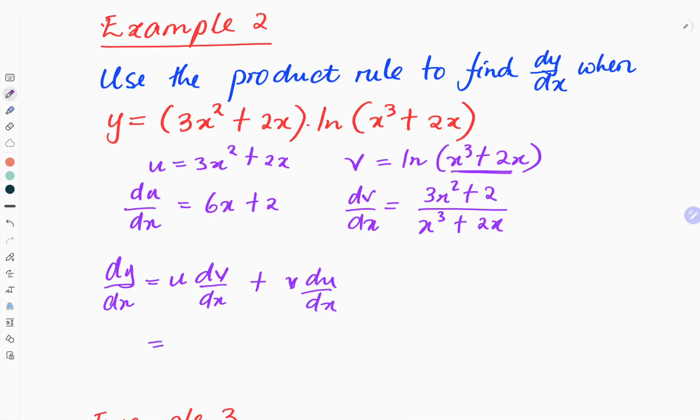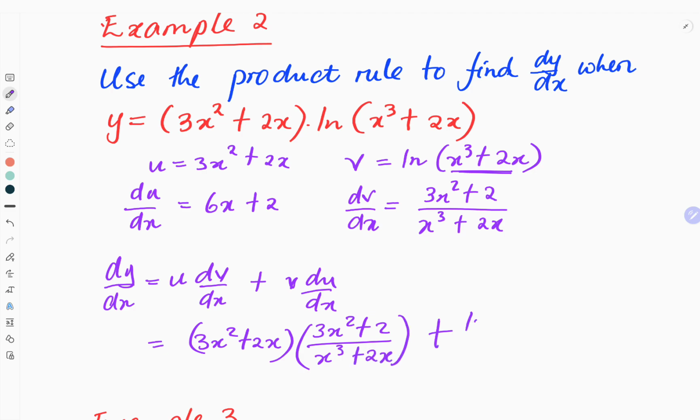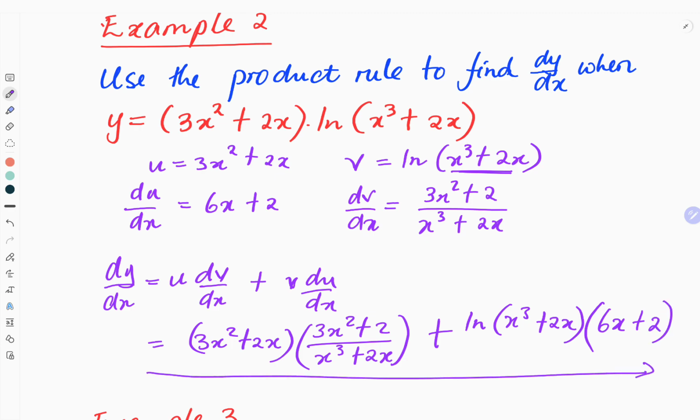That's equal to your u first, which is (3x squared plus 2x), multiplied by dv/dx, that will be (3x squared plus 2) divided by (x cubed plus 2x), plus v, ln of (x cubed plus 2x), times du/dx, and in this case that is 6x plus 2. And that's how you find the derivative of this product.